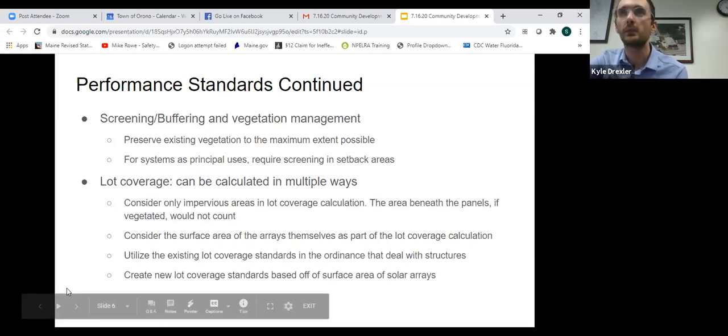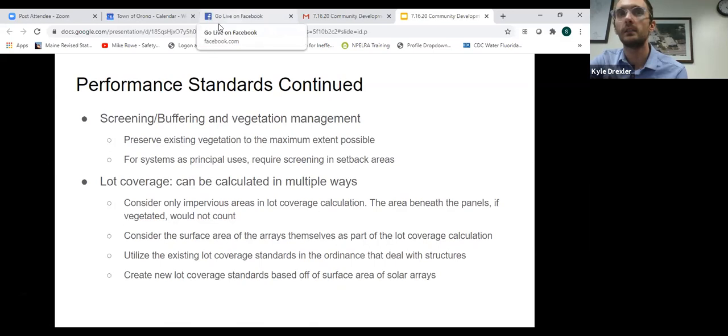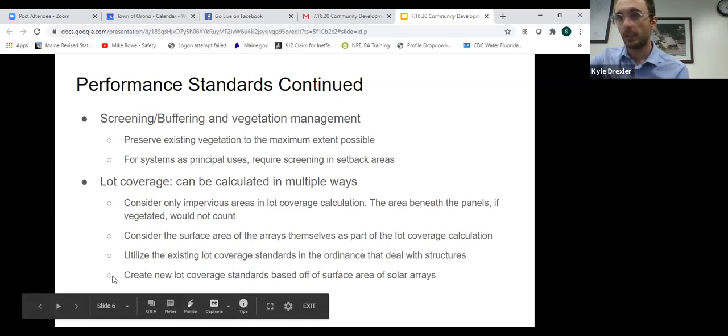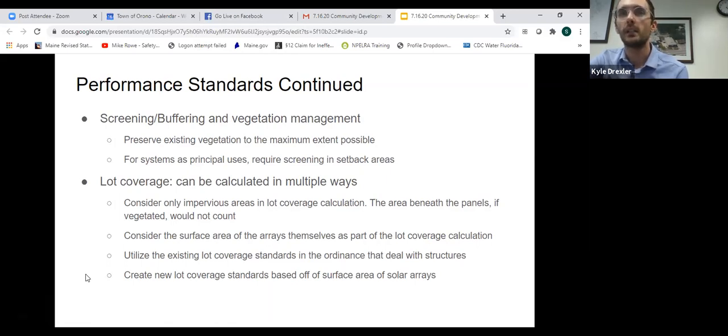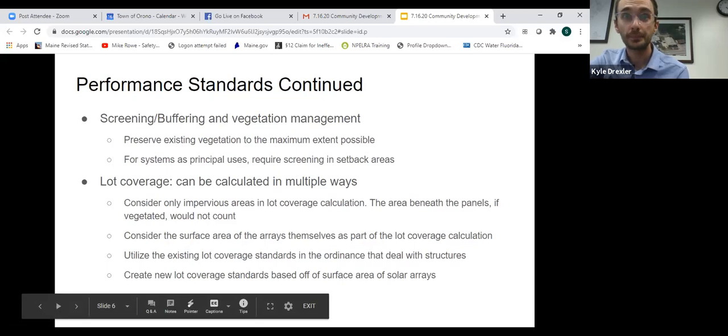Some ordinances require a vegetation management plan just to preserve the vegetated surface on the lot to the maximum extent possible. So making sure that the system is laid out efficiently when it comes to environmental concerns, and yet you're not creating more impervious cover than is needed.